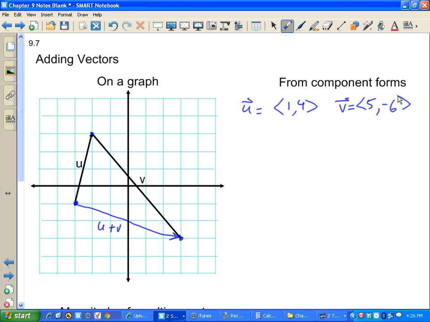So if I'm going to add these with component form, I just add the horizontal movement. So over 1, over 5, that's a total of over 6. Up 4, down 6, that's a total of down 2. This would be u plus v.